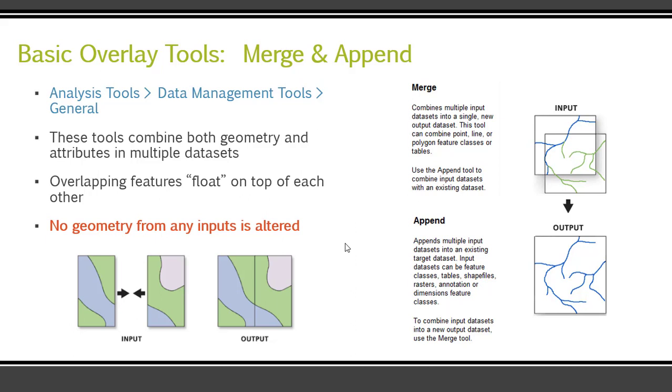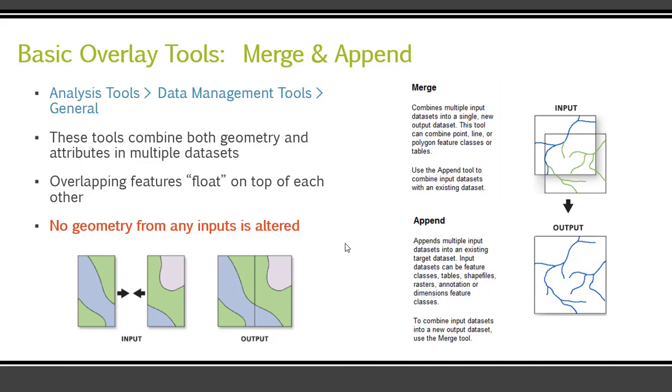If you do have data that has overlaps, either in lines or in polygons, what's going to happen is that these overlaps, the geometry is just going to float on top of each other. There's no way to isolate where that overlap is. So that's where we're going to talk about geometric intersection. If you want to be able to identify those areas of overlap, you will not want to rely upon merge and append because no geometry from any of your inputs is altered. It keeps the same geometry.